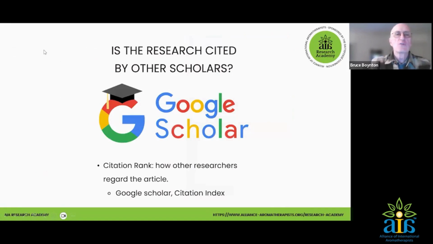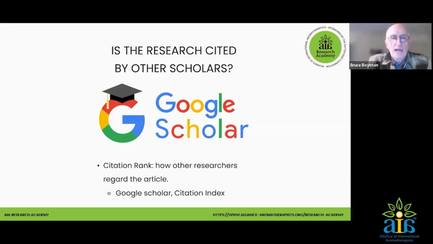Is the research cited? Well, there's a citation rank of studies. Citation rank is a measure of the impact on the field. For instance, if everyone that publishes in that field is going to your article, then it's probably a pretty important article.